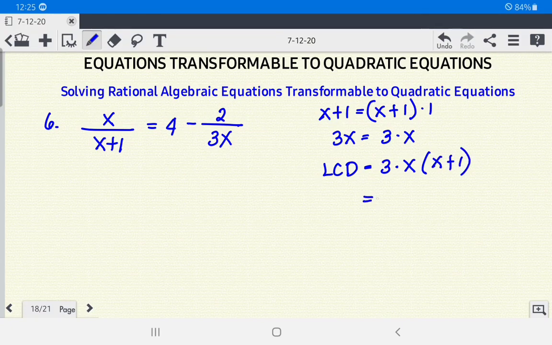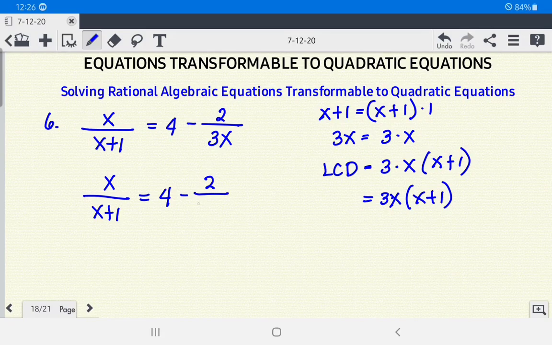Or simply 3x times x plus 1. You can multiply this to get the product form. But then again, let us make use of the factored form, okay? So we have x over x plus 1, then equals to 4 minus 2 over 3x.